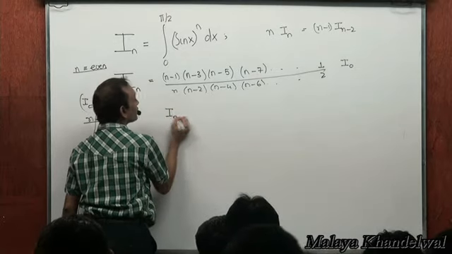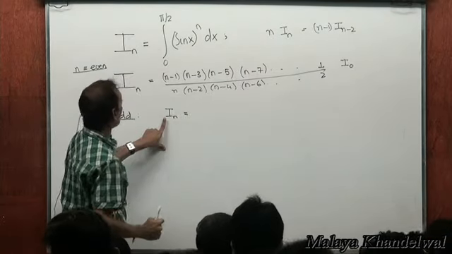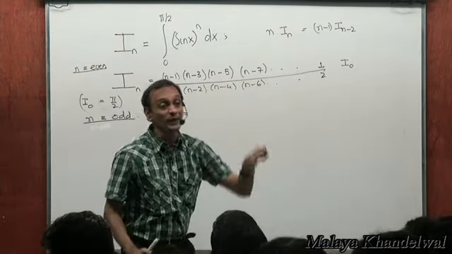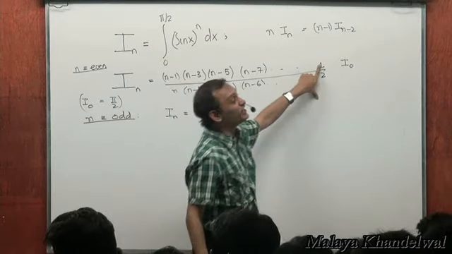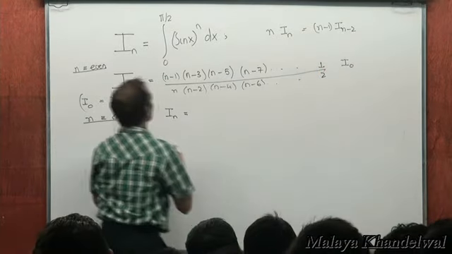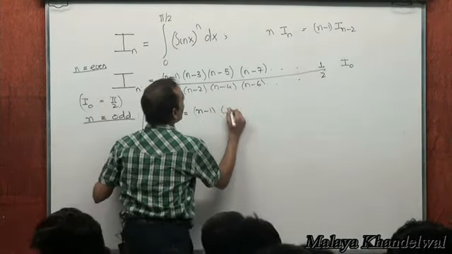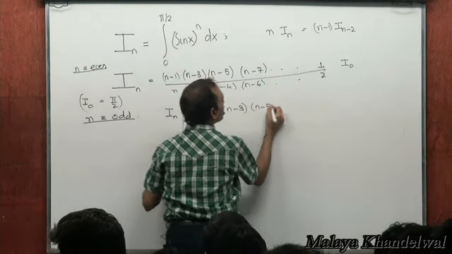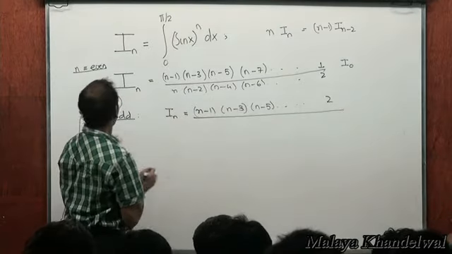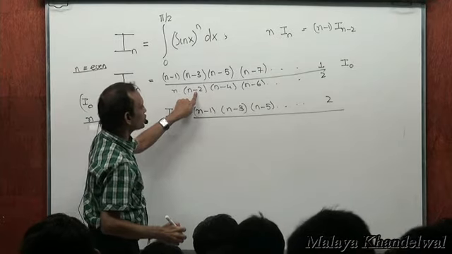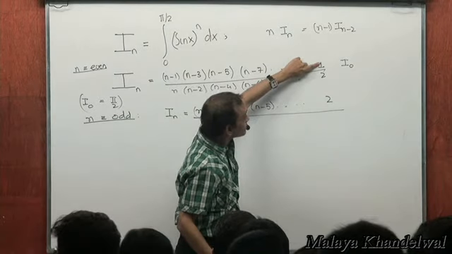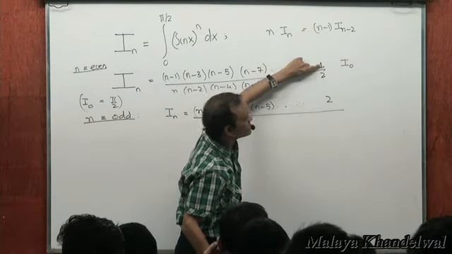Now then I_n, realize that if n is odd, n minus 1, n minus 3, n minus 5, n minus 7 will all be even. The chain will end with 2 when n is odd, right? So (n minus 1) into (n minus 3) into (n minus 5) up to 2. Look at the denominators. n is odd, so this is odd, this is odd, this is odd. And in this chain, the last member in the denominator is always one more than the numerator.